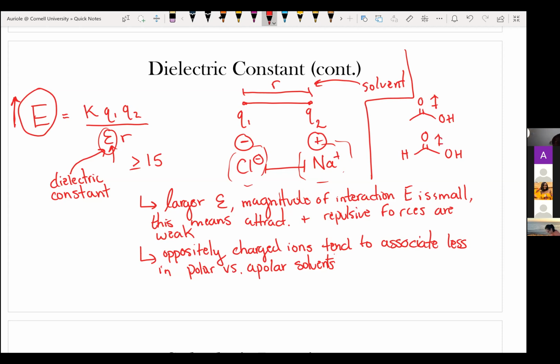But for acetic acid, our dielectric constant is going to be equal to 6.1. And for formic acid, our dielectric constant is going to be equal to 59. So although both of these molecules have dipoles, only this one is going to be our polar solvent.